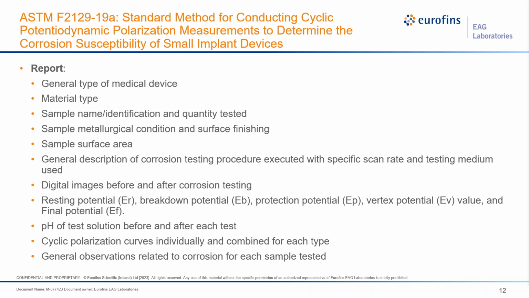So after we do all the testing, we will provide a final report. Here's a list of all the criteria and all the information that is provided in the final report.